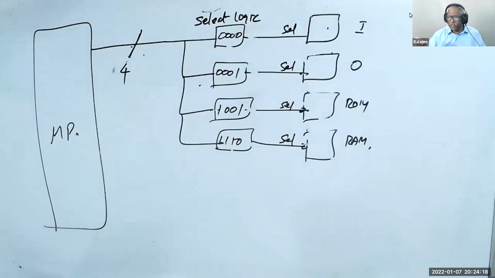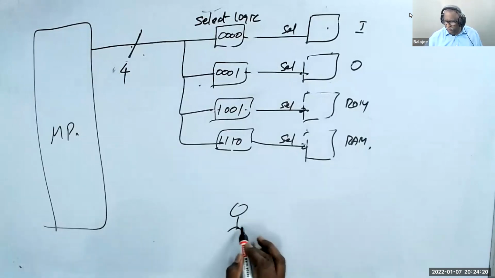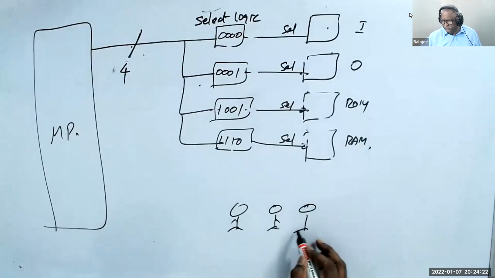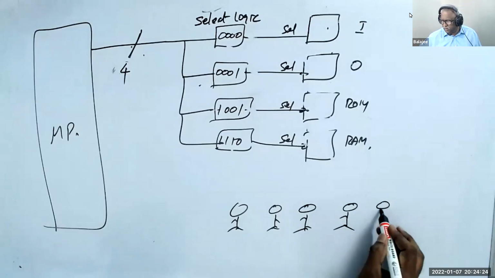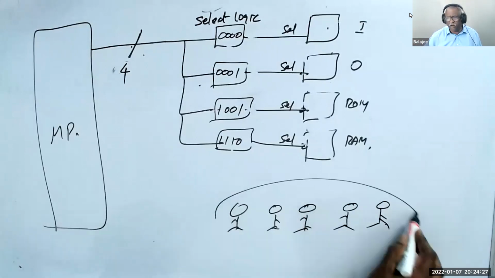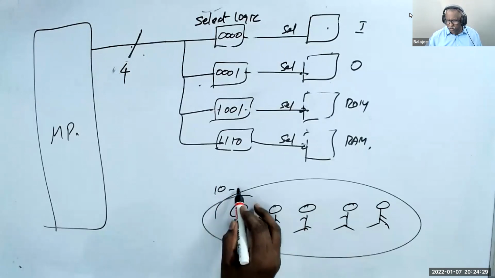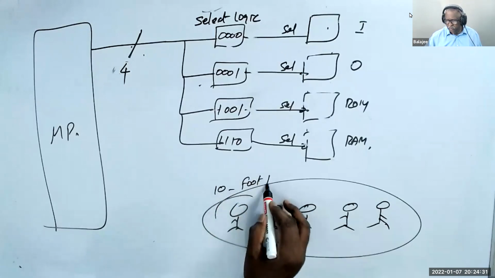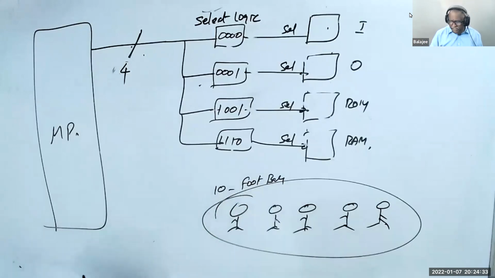Now, in your class, you will be having so many people, 100 people in your class. Some 10 people are interested in football. They will make a team called football team. Understand?